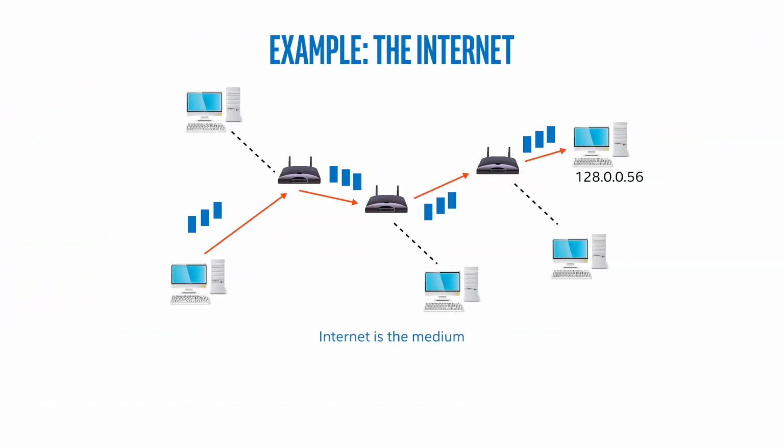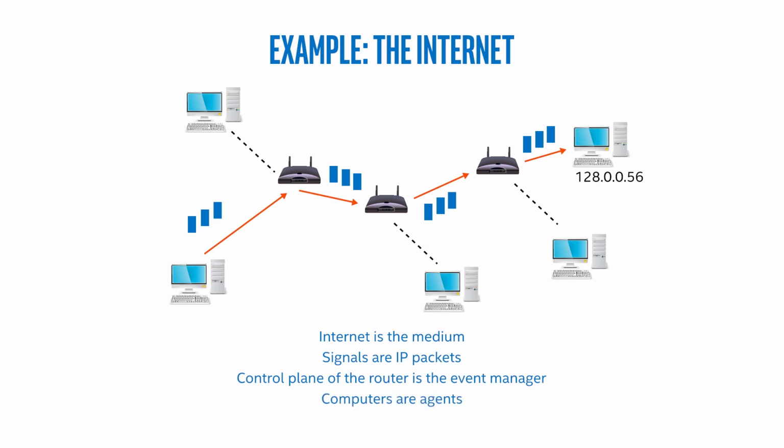An example of this is the internet itself. The internet is the medium, the signals are IP packets, and the control plane of the router is the event manager. As we know from the operation of the internet, individual computers can go on or off the internet dynamically. And again, this is unlike any of the other structural patterns that we've considered.